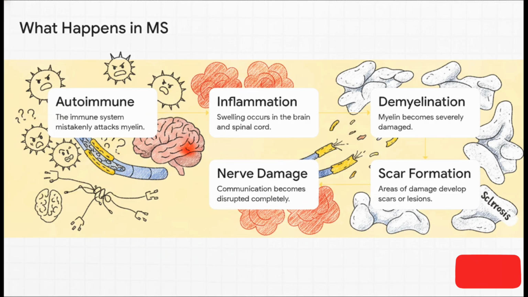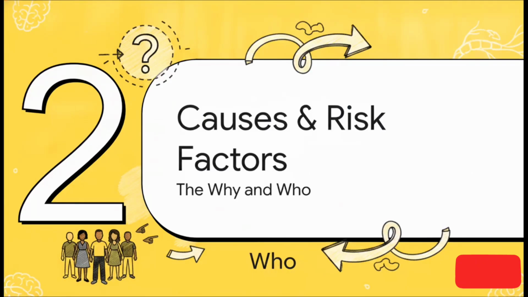Step 4, as those damaged areas try to heal themselves, they form stiff scars, which are also known as plaques or lesions. Fun fact, sclerosis actually translates to abnormal hardening or scarring. And finally, step 5, this scarring leads to permanent nerve damage, completely disrupting that vital communication between the brain and the body.